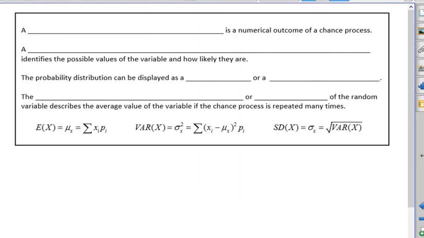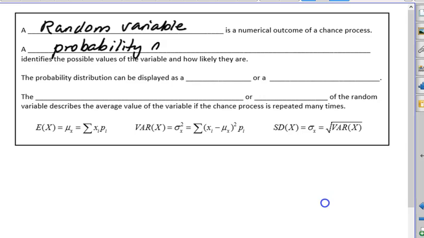Alright, let's take a look then at summarizing what we've talked about. A random variable is a numerical outcome of a chance process. A probability distribution identifies the possible values of the variable and how likely they are.